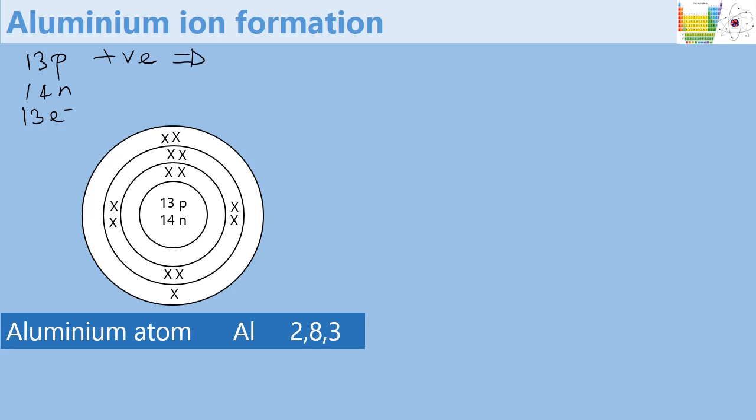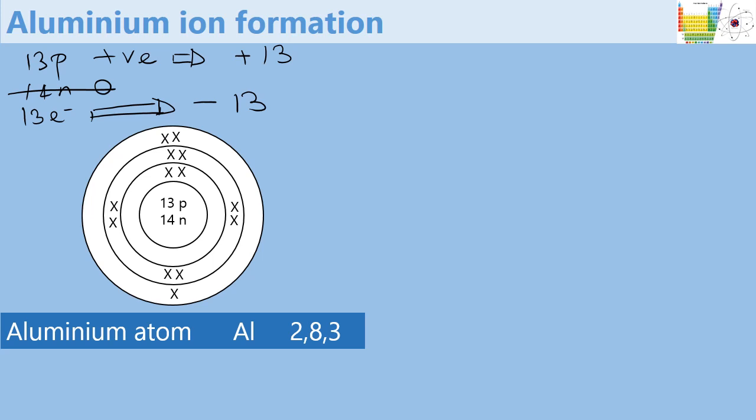That means aluminium has positive 13 charge from the protons. The neutrons have no charge, and therefore we ignore it. The electrons, on the other hand, are 13. Therefore, it has negative 13 charge.